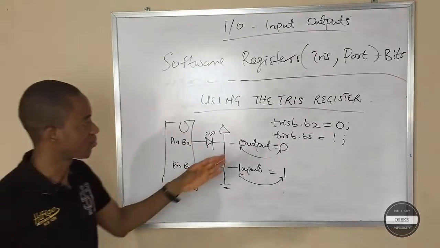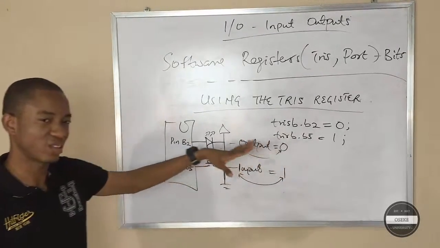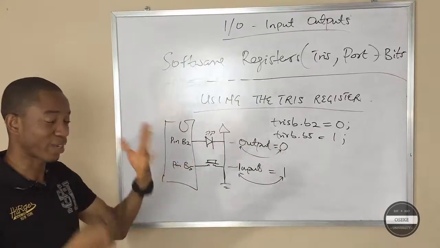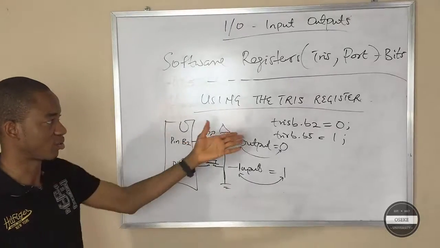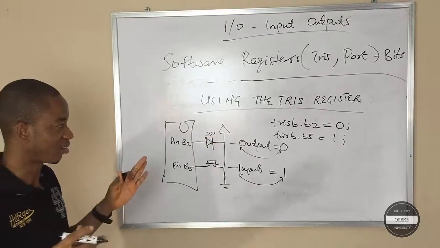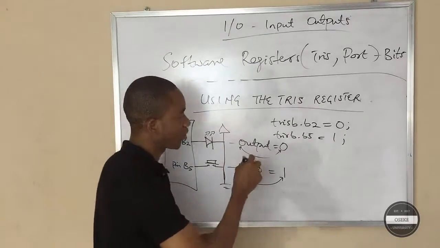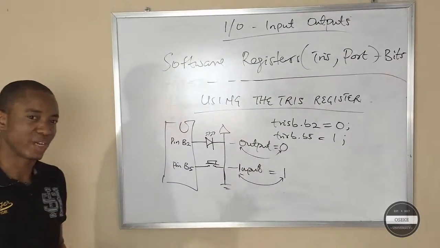This is just one way of presenting data to the trace. One of the other ways of presenting data to the trace register is what I want to show you next. Now, this microcontroller we're using is an 8-bit microcontroller.